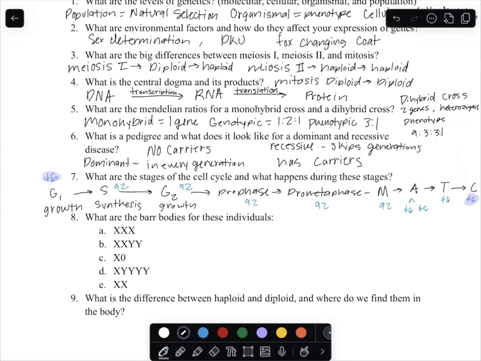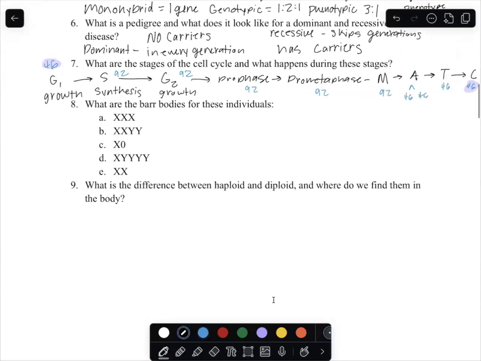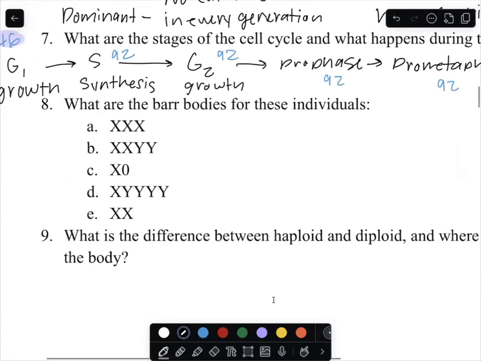Okay. And coming to this next question, it's important because I actually did get this wrong during study sessions. So I do apologize for that. So I want to clear it up. You don't count the X's. Well, the only chromosome that gets condensed is an X chromosome. So this individual would have two, B would only have one, because again, we're only taking out the X chromosomes.